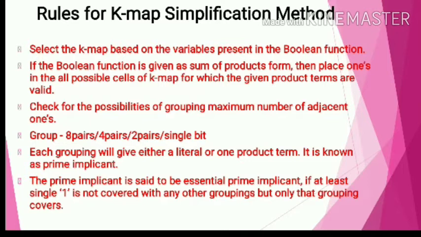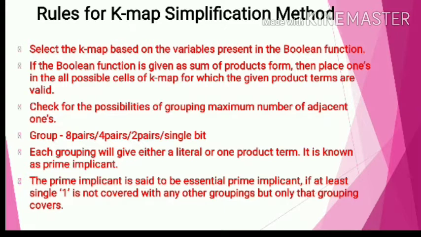The third rule is to check for the possibilities of grouping the maximum number of adjacent ones. For example, groups of 8 can be formed, or groups of 4, or pairs. Otherwise, a single bit alone can be used. But give importance to groups of 8, then 4, then 2, and only then a single bit.